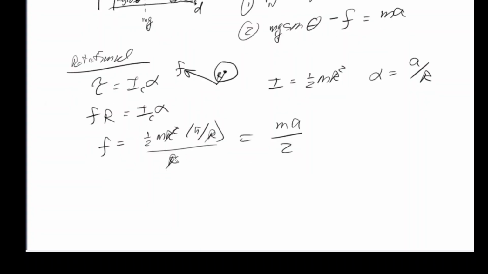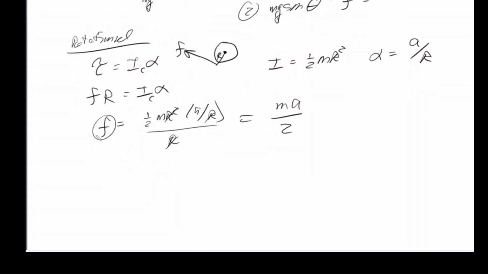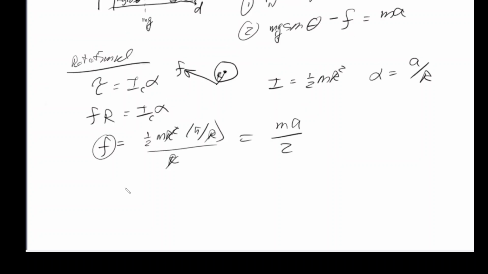Now, we're going to substitute a value for F into equation 2, and we get mg sine theta minus F, which is ma over 2, is equal to ma.